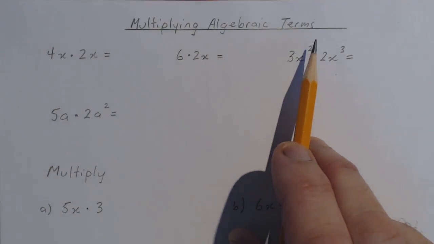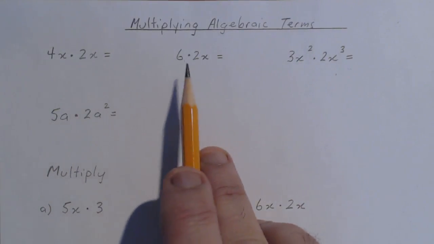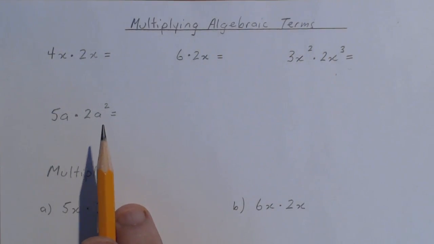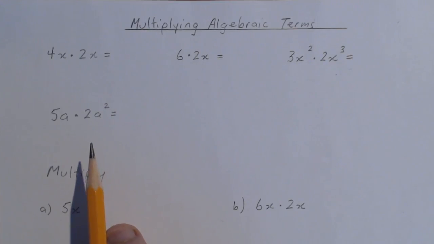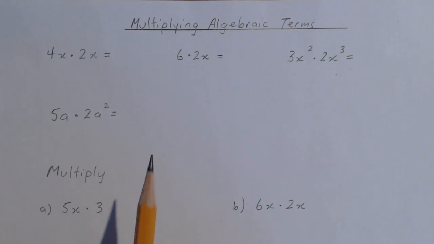Multiplying algebraic terms. Now I'm going to multiply each of the terms here, and as I'm doing so, I want you to notice if you can see a particular pattern on how to do this.